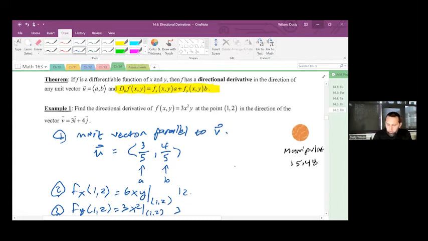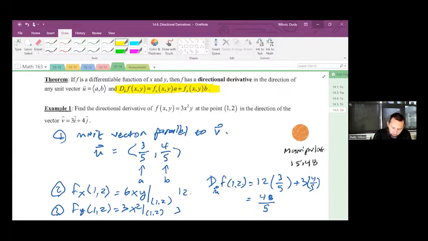And so all told, once we have all these things together, we can say the directional derivative of f in the direction of u at 1, 2 will equal 12 times 3/5 plus 3 times 4/5, or 36 plus 12, 48/5.